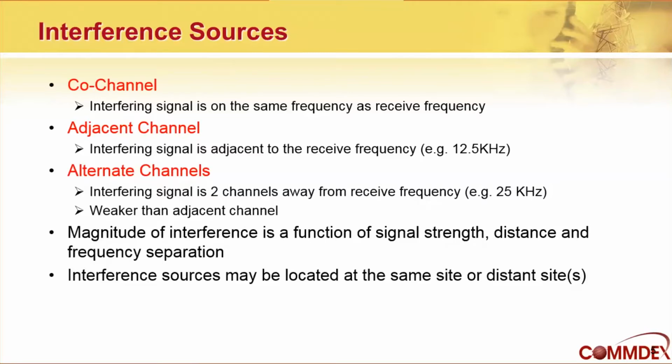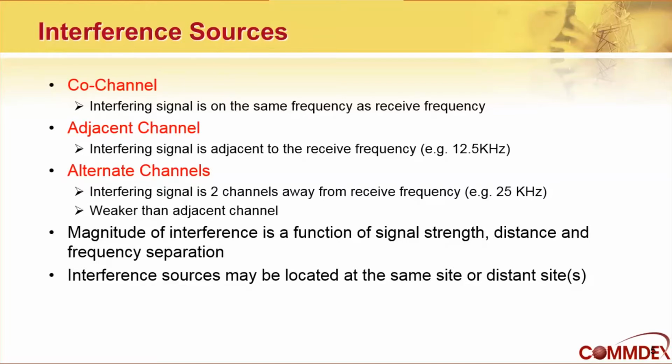And beyond adjacent channel, there's alternate channels. That's the one not adjacent, but after adjacent, so the second channel away. So for instance, 25 kilohertz away rather than 12.5 kilohertz away. It's weaker than the adjacent channel, but it's still strong enough and close enough to be a problem. So we want to avoid adjacent channels and alternate channels. And we talked about how transmitter combiners have a minimum separation.